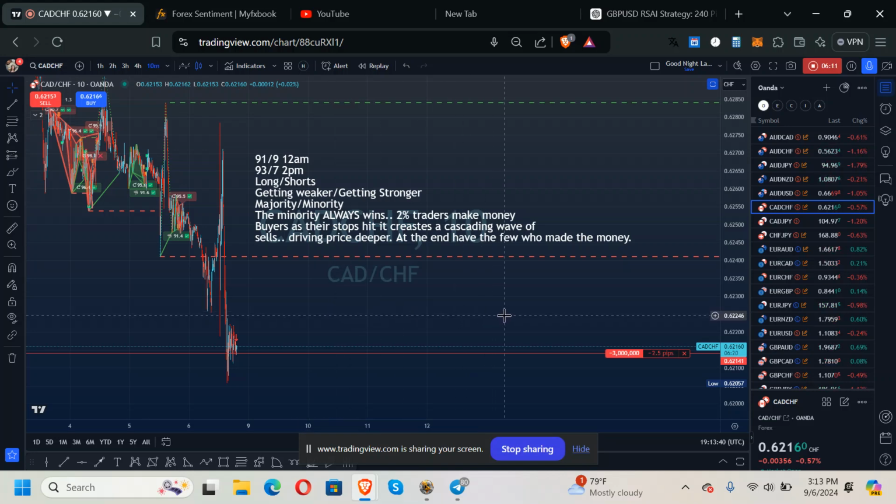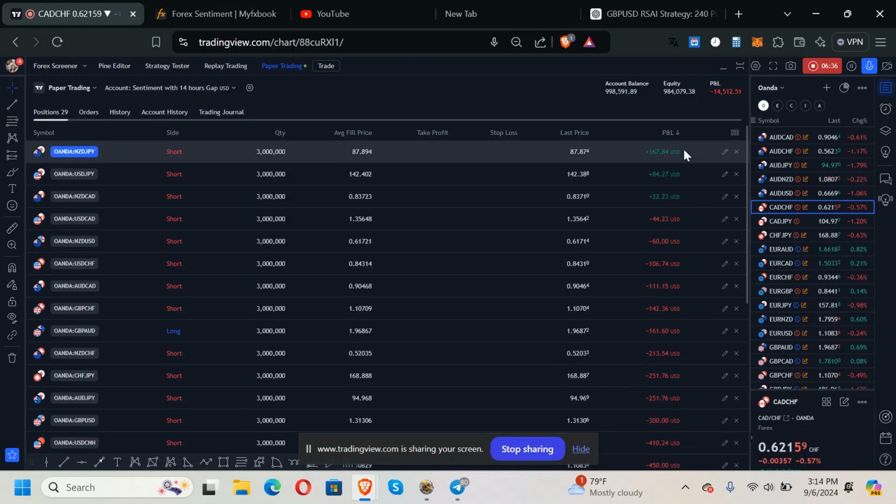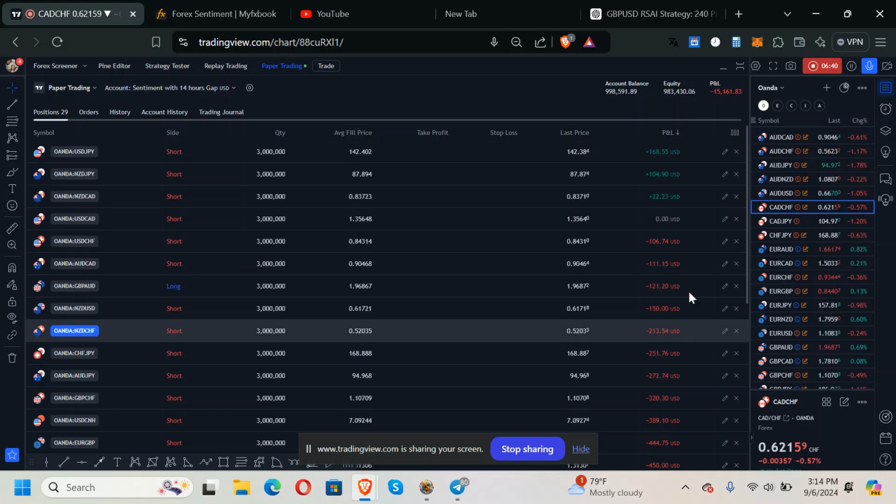If you can't handle the extreme, how are you going to handle the opposite of extreme? They're both really extremes. You want to find that middle ground, those pairs that are in the middle. They're not too crazy, but they're good enough. They move enough for you to make money relatively quickly.